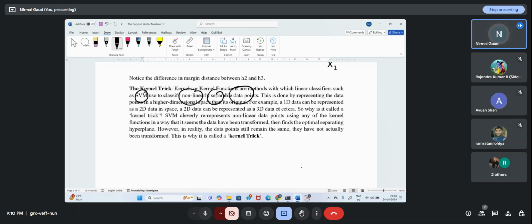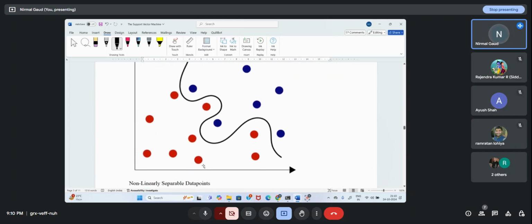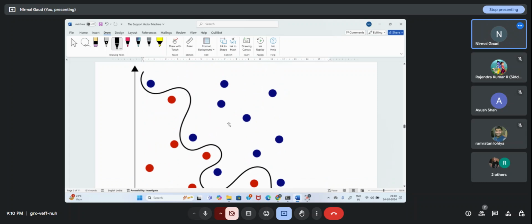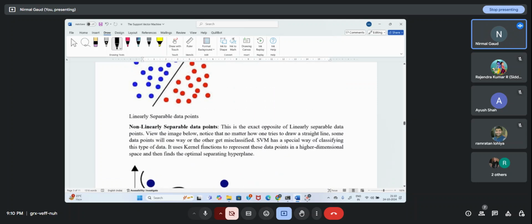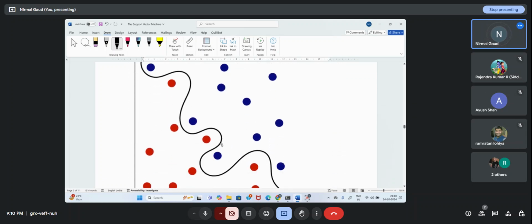A data which cannot be separated by a line, that is said to be non-linearly separable. Not by a line. You can see above, this is linearly separable. This is non-linearly separable.